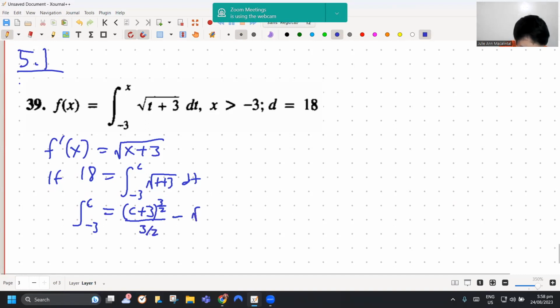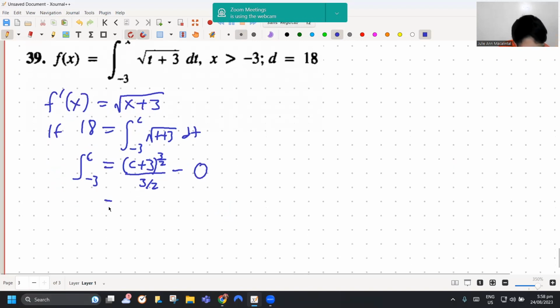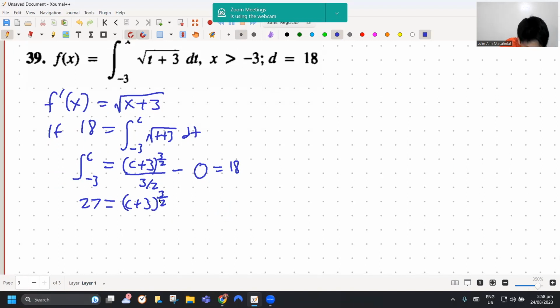So 9 times 27 is equal to (c plus 3) to the 3 halves. 27 squared equals (c plus 3) cubed. So 9 times 9 times 9. So 9 equals c plus 3.